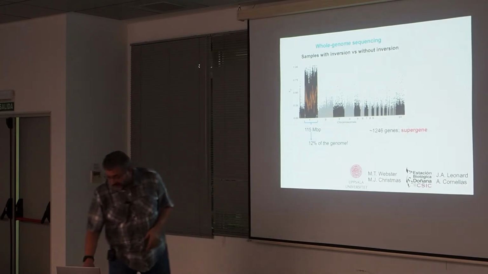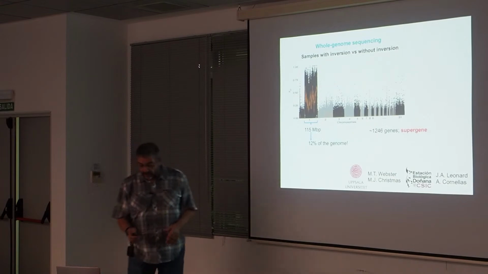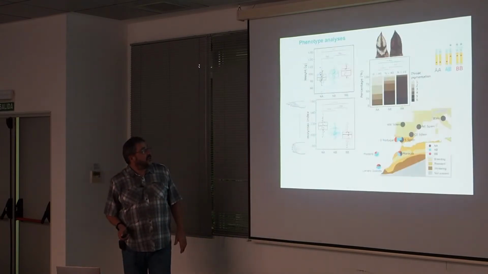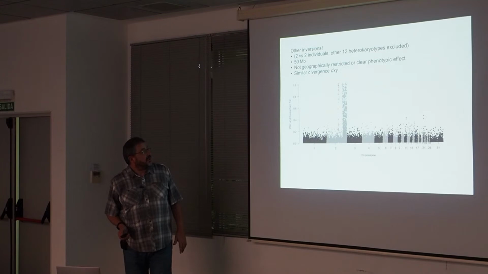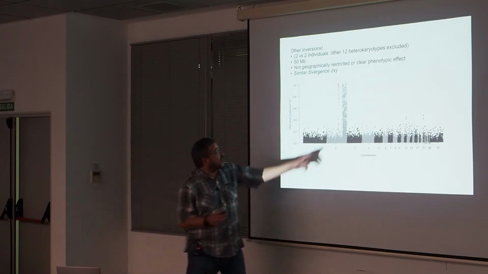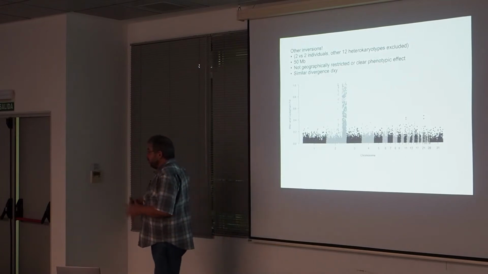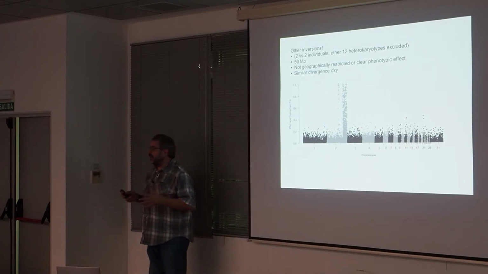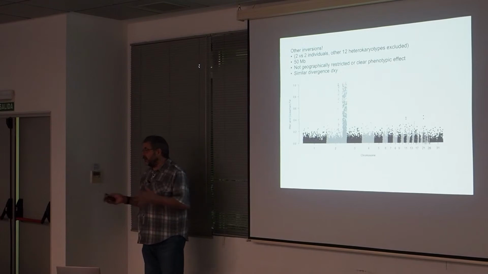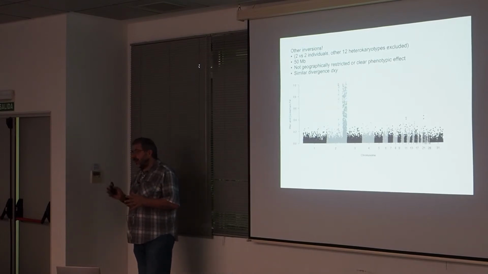And in fact, if you think for a moment on the second inversion that I was mentioning, there is one inversion, but there are in fact two peaks, one here and one there. We know that it's in chromosome 2, but at this point we are not considering them as two different inversions, but as problems with the mapping because the reference is not quite perfect.